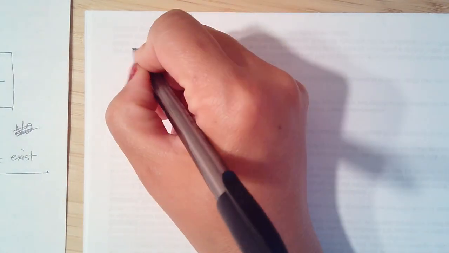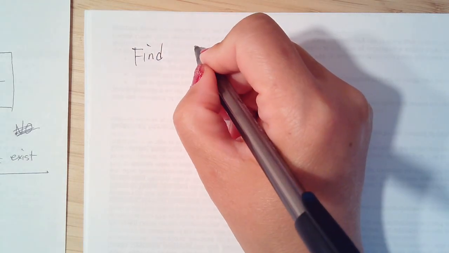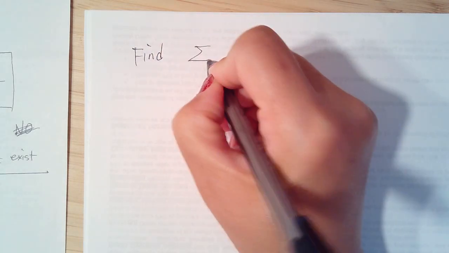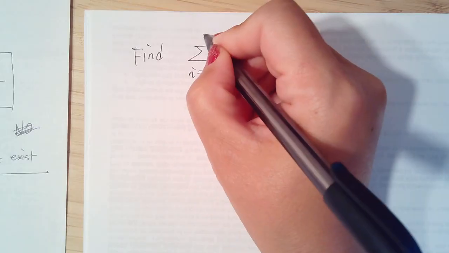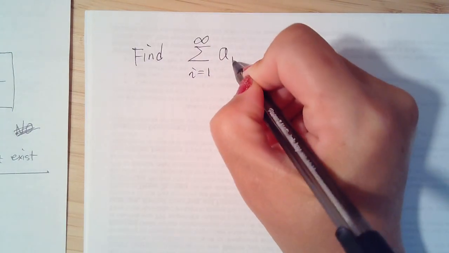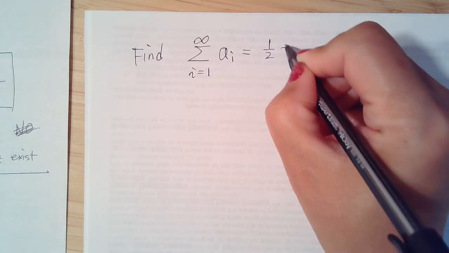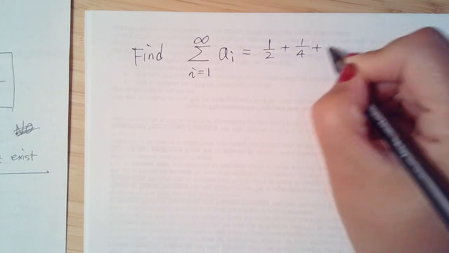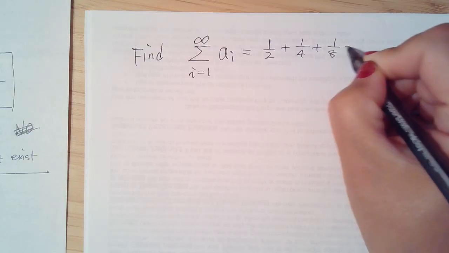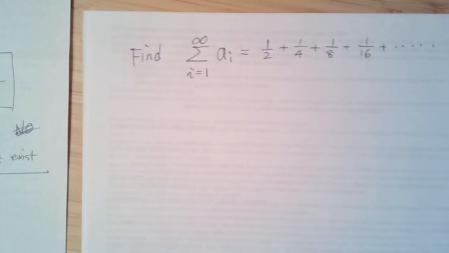Okay, I ask you to find the summation from i equals 1 to infinity of ai. I tell you, it looks like this. It's 1/2 plus 1/4 plus 1/8 plus 1/16 and continue forever.